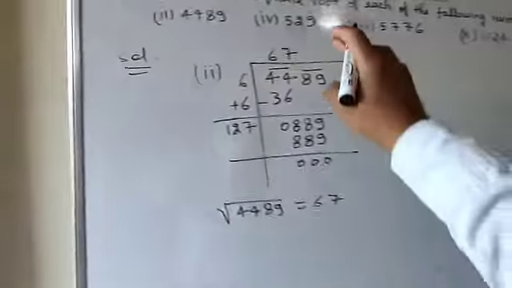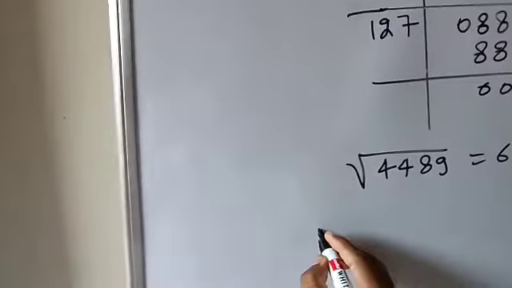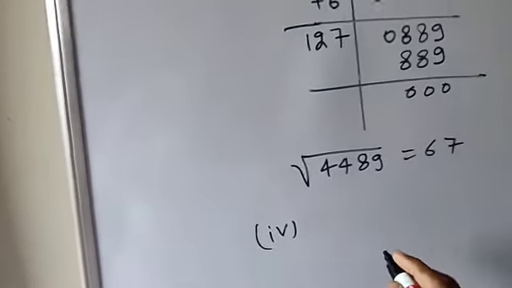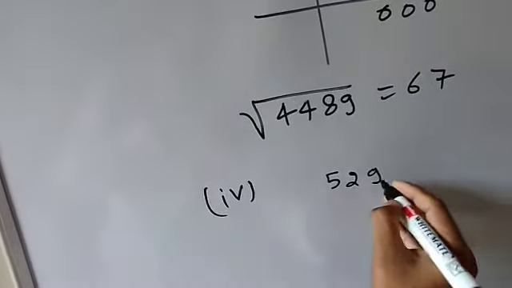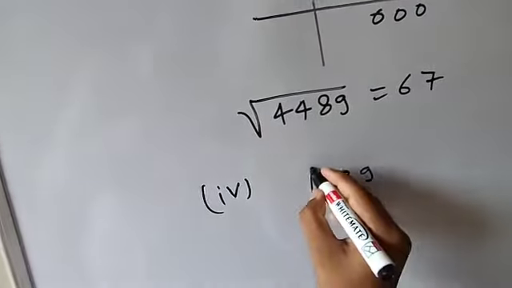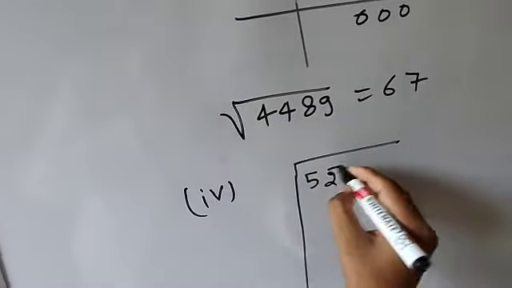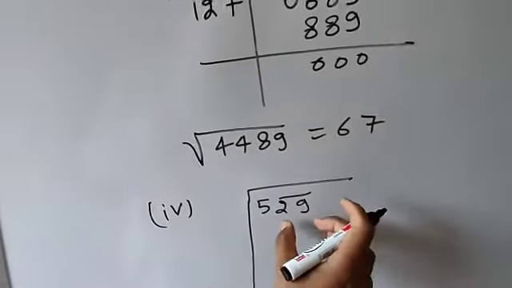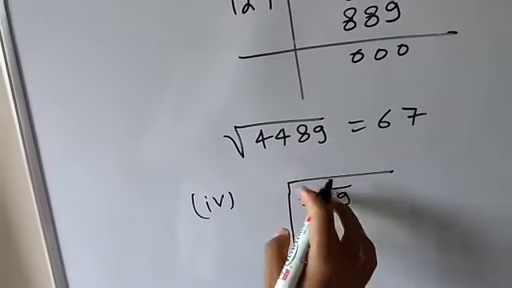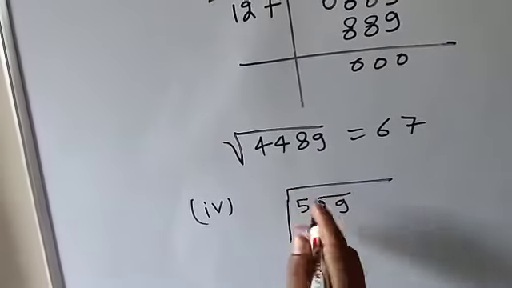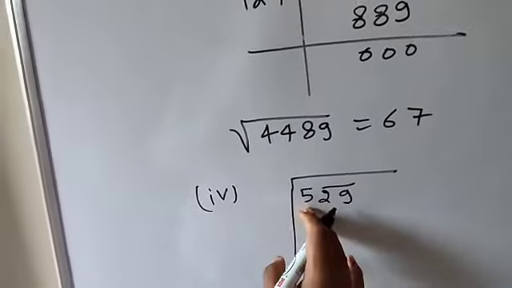Now I am going to solve the fourth part. The fourth part is 529. So here I am going to write 529. Pairing is always done from the right side. So if any number is unpaired, that will be a single number. Now first you get a single number.